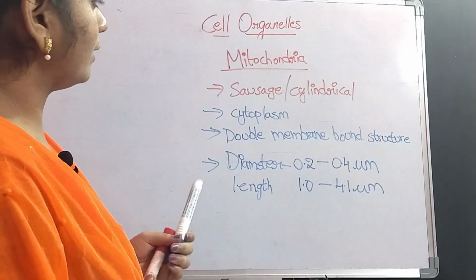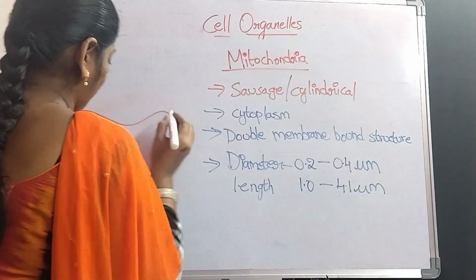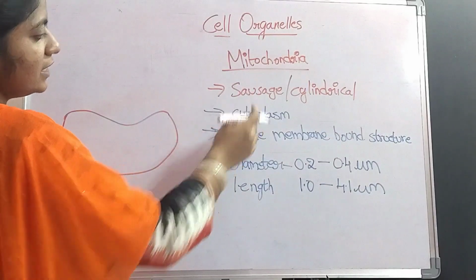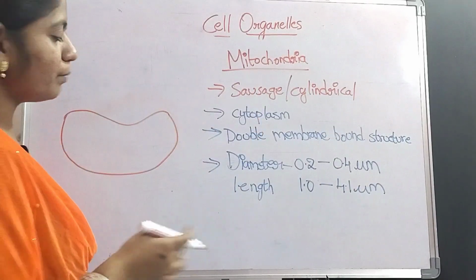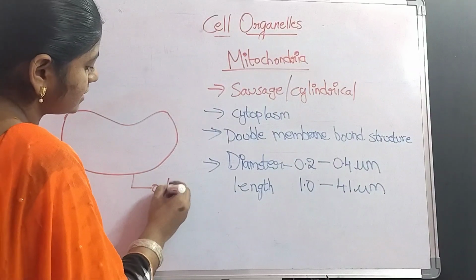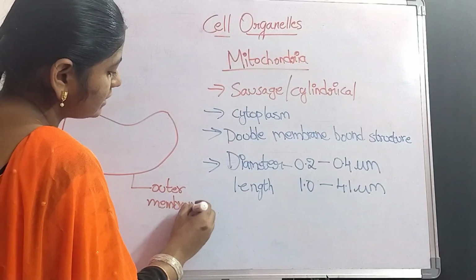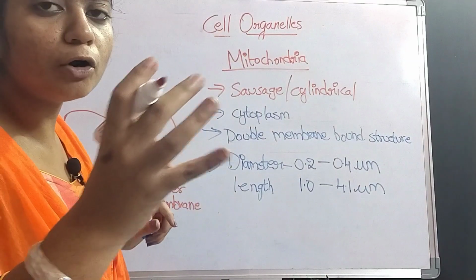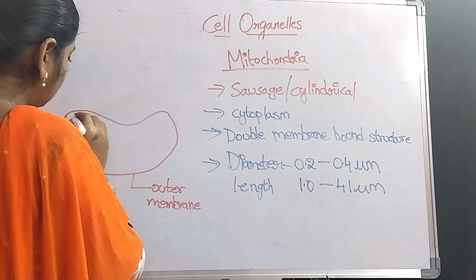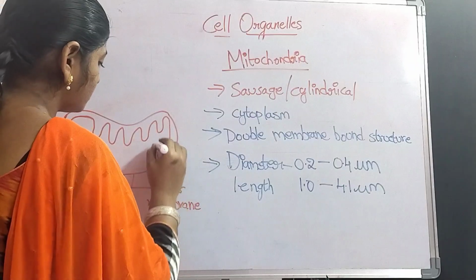Coming to the structure of the mitochondria, it is cylindrical or sausage shaped, and we have already discussed that the mitochondria is a double layer bound structure. The outer layer which surrounds the mitochondria is called the outer membrane, and the inner membrane leads to the formation of a number of enfolding-like structures.